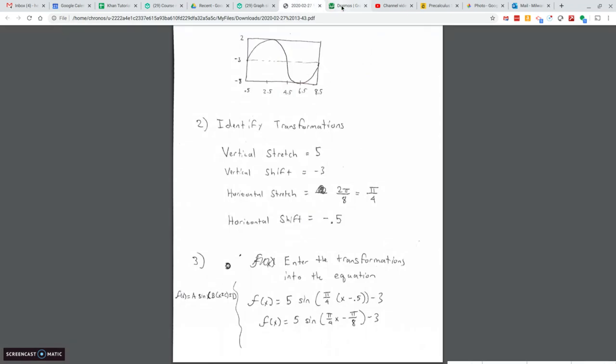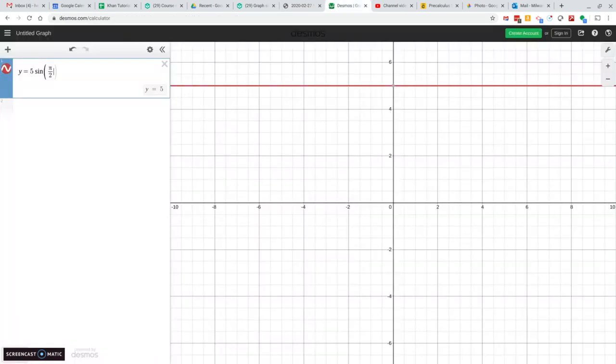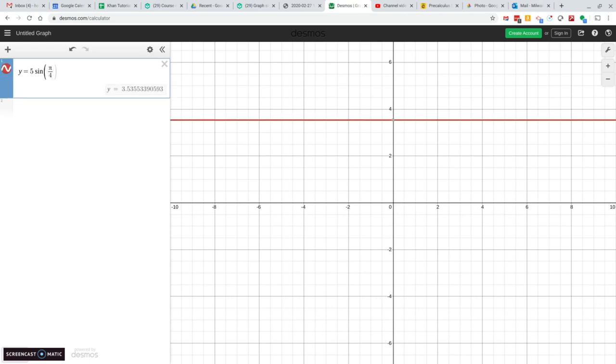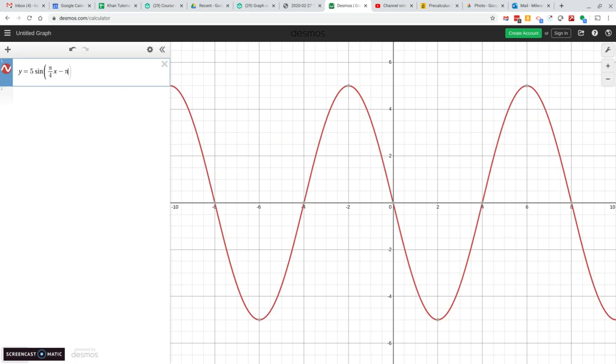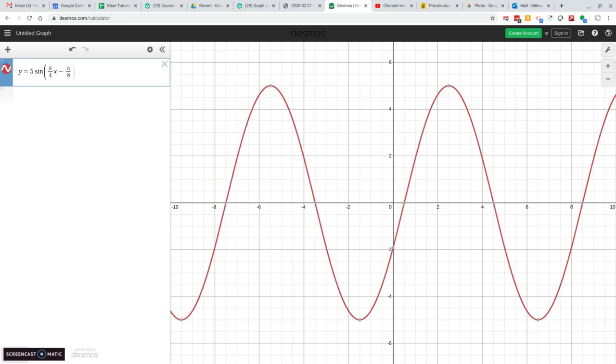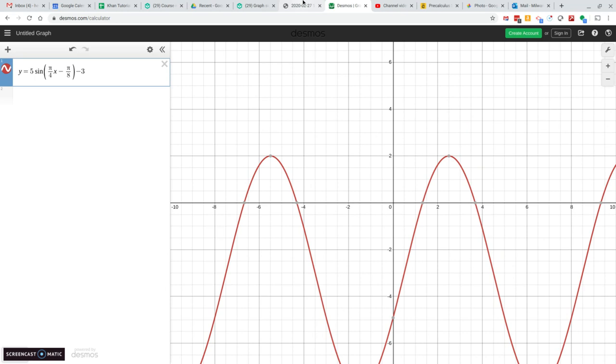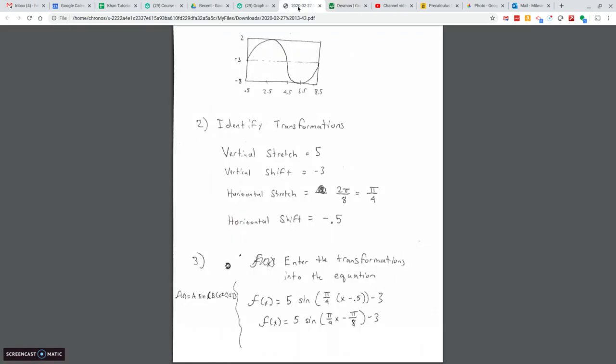Pi over 4. X minus pi over 8. Okay, close the parentheses. Whoops, close the parentheses. And then I'm thinking -3. Let me make sure. Yeah.